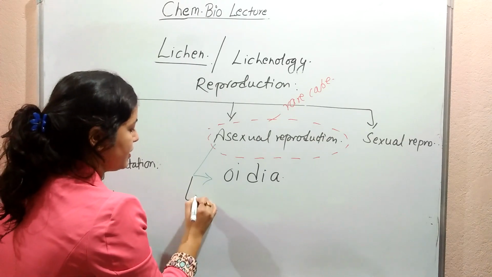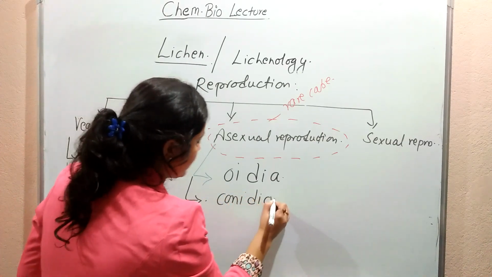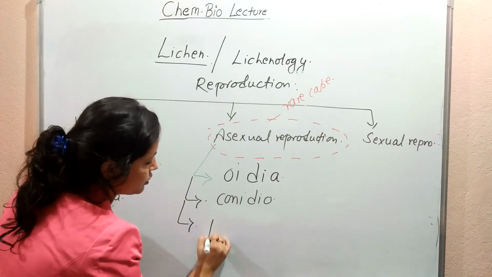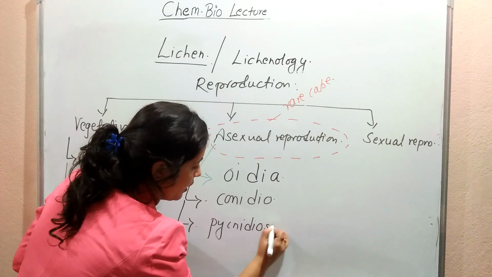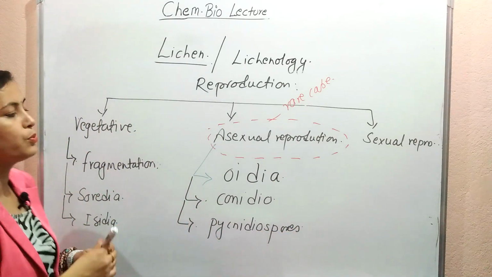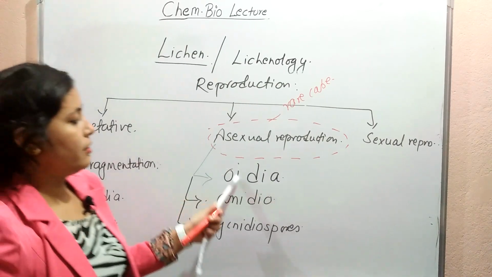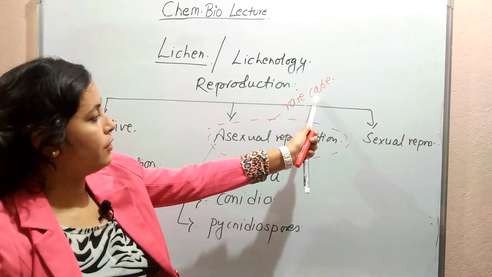Certain spores are released. It might reproduce by the formation of what? Conidia. Or by the formation of what? Pycnidiospores. So this is how asexual reproduction takes place, and it occurs in rare cases.